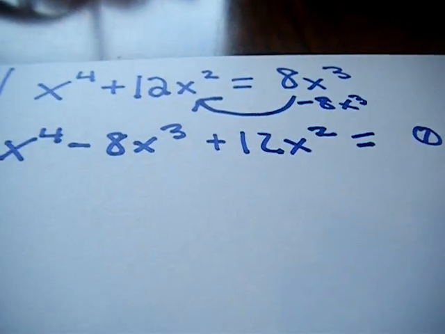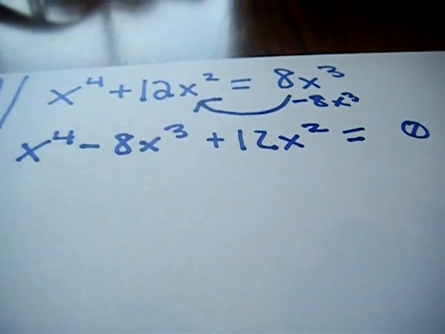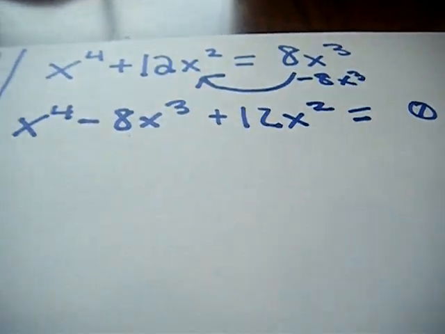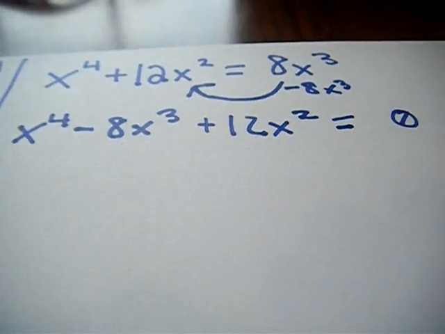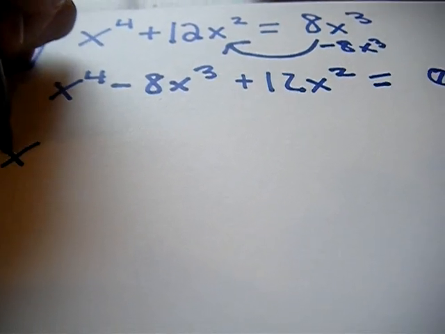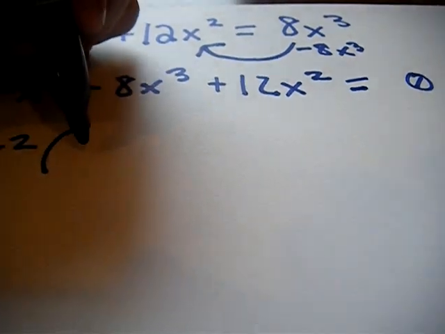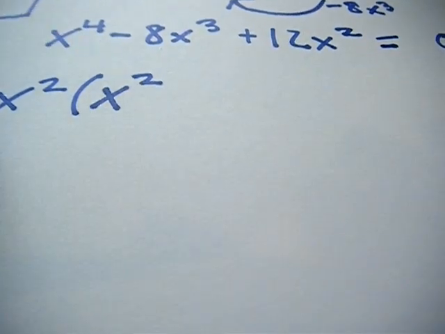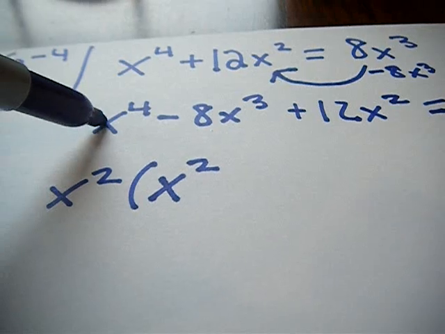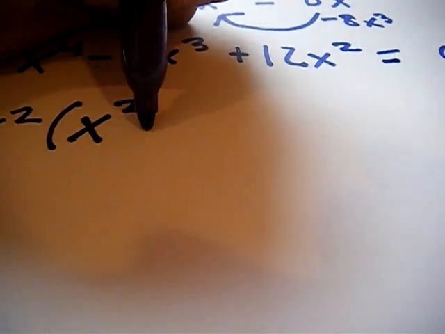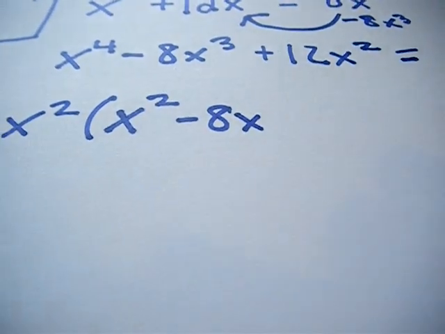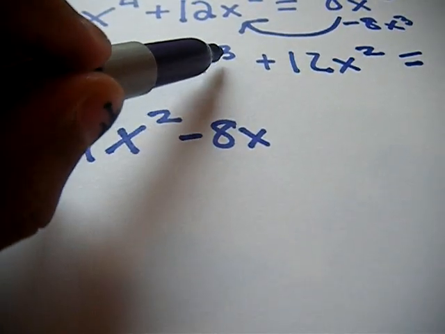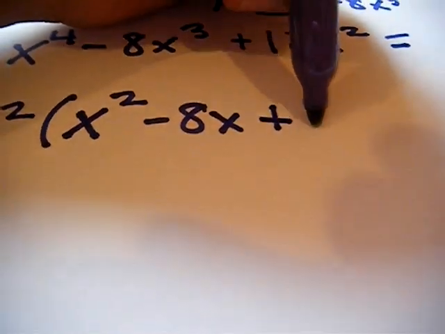So now what you need to do is find out if there's anything that all of these three terms have in common that you could take out and make your problem much easier. And in this case, you could take out an x squared from each, making it x squared times the quantity of x to the second, because x to the second times x to the second multiplies into x to the fourth, minus 8x, just 8x, because x times x squared equals x cubed, plus 12.